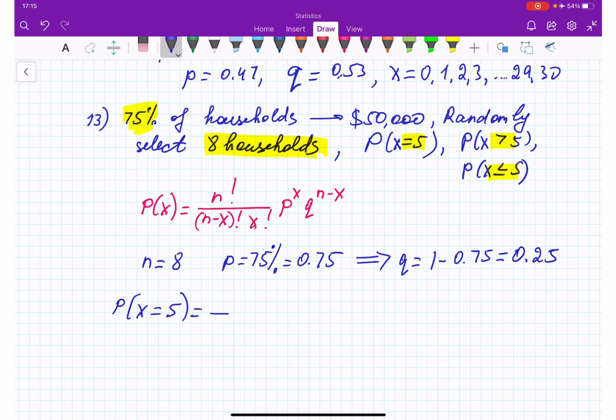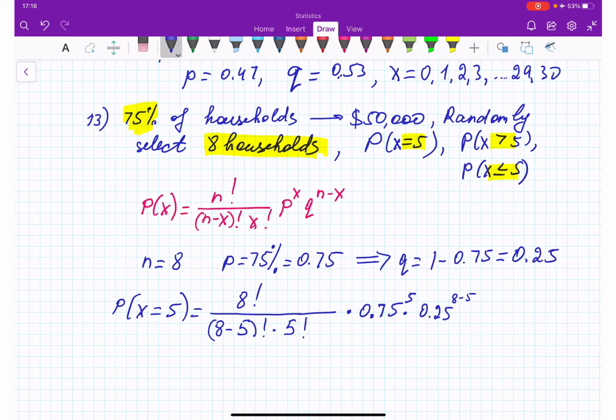It's going to be equal n factorial. Here, 8 factorial. And in denominator, n minus x, so n is 8 minus x is 5 factorial, times 5 factorial, and then times 0.75 to power x, x is power 5. And then q is 0.25 to power n minus x, meaning to power 8 minus 5.